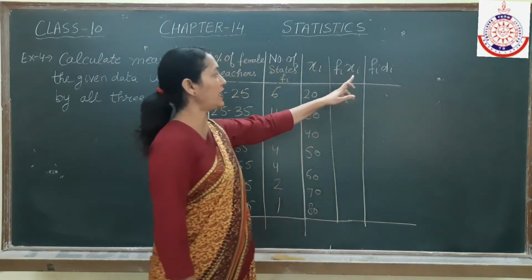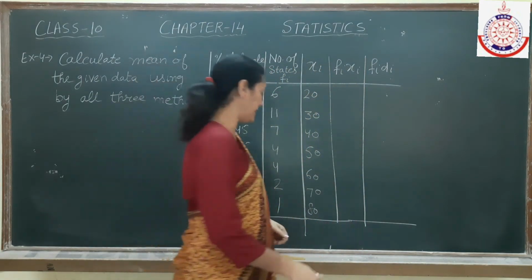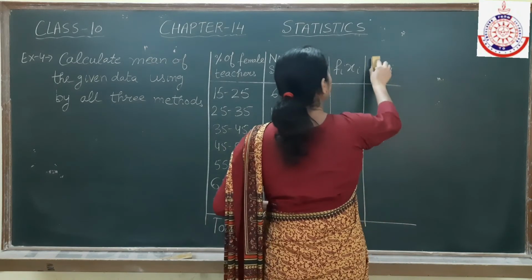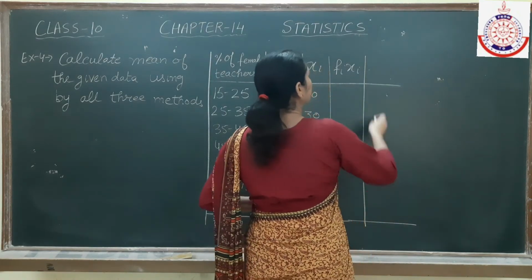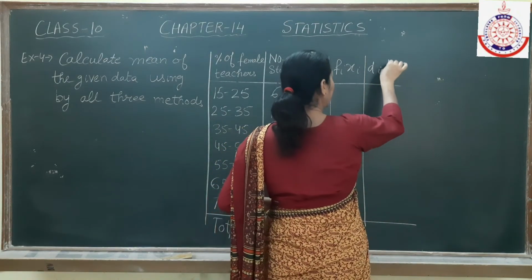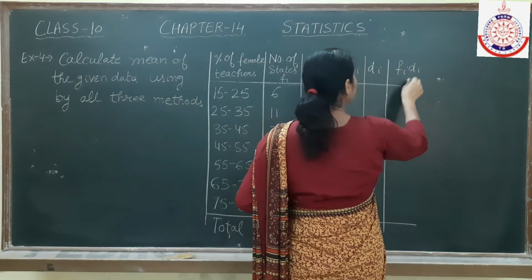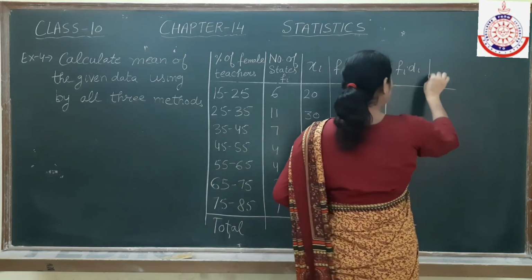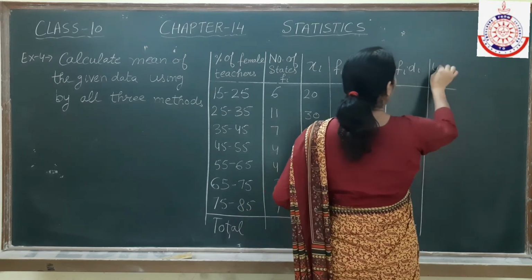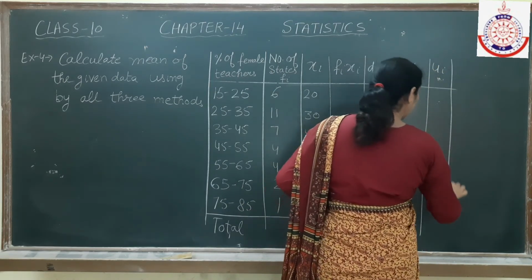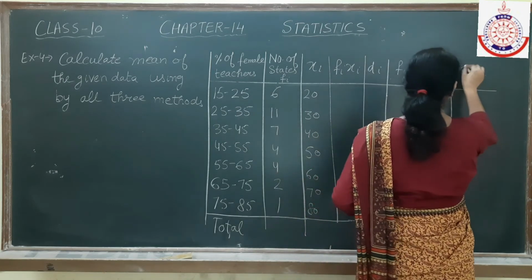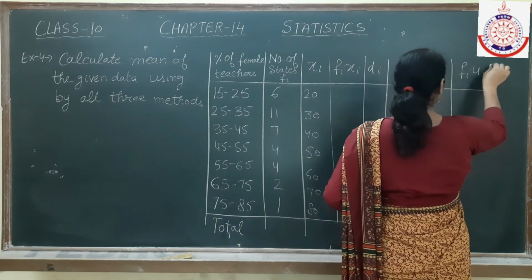That means for that, first of all, we will be calculating di, then Fi di. And for the step deviation method we will be calculating ui and then Fi ui.